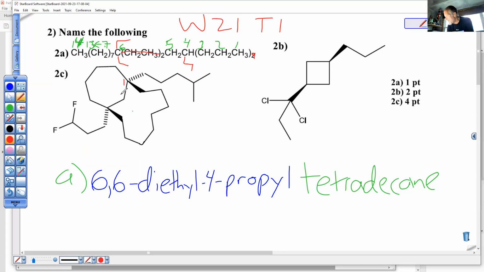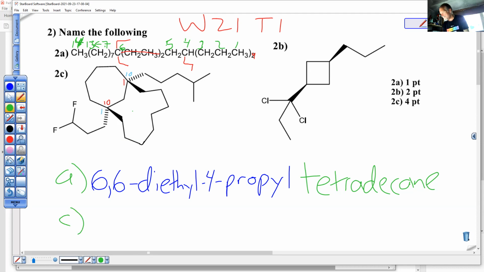And the biggest bridge is here, 2, 3, 4, 5, 6, 7, 8, 9, 10. So I'll accept that direction or the other direction that starts 1 here and ends 10 up here. Both names will be okay. It's got 2 stereo centers. We'll work on those at the end.